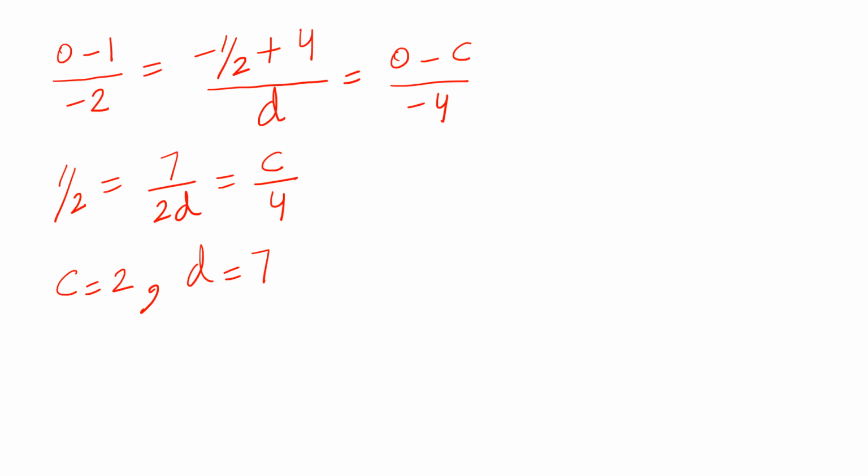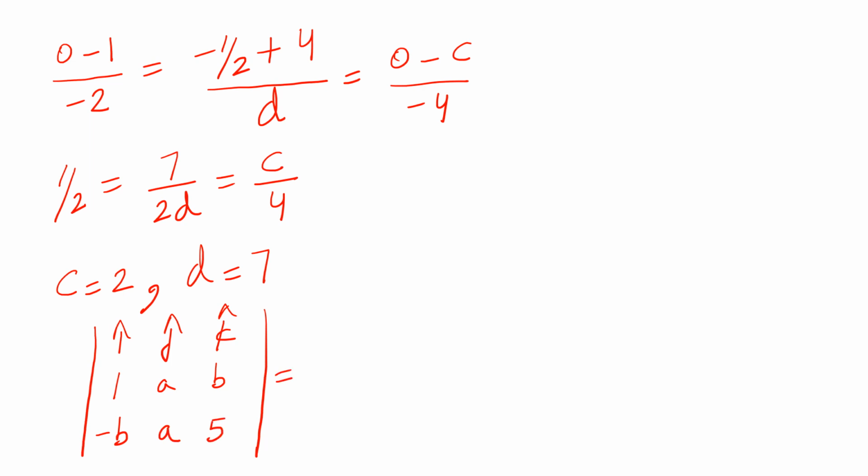Now students, we will find the vector which is perpendicular to both the lines L1 and L2. And this vector is given by the determinant. In the first row we have i, j, k. In the second row we have 1, a and b, and in the third row we have -b, then a, then 5. Now let's find the value of this determinant.